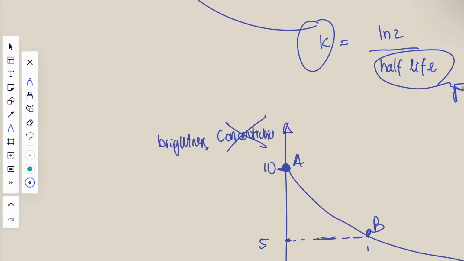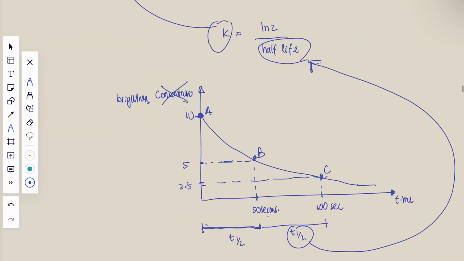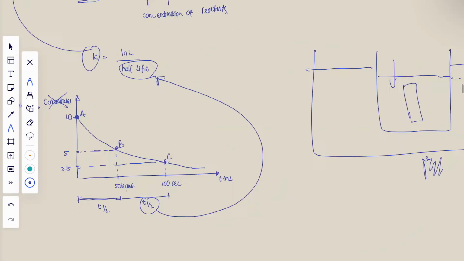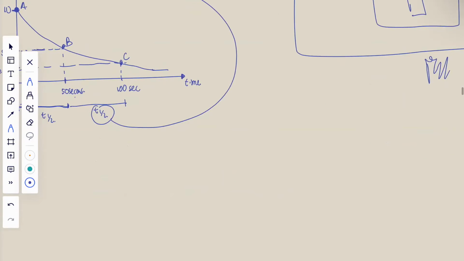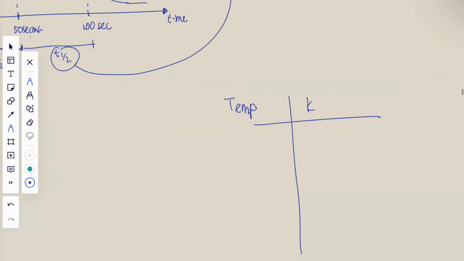So the brightness you draw here, you will get the same result. That means later you make a table here, with temperature. Wow, this table is the last table.